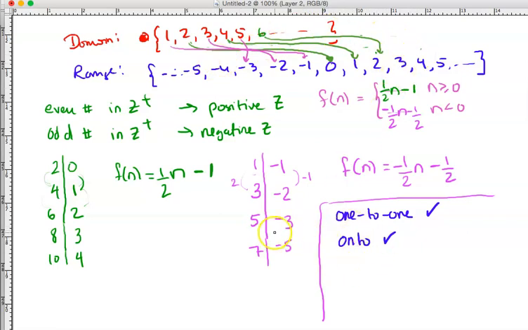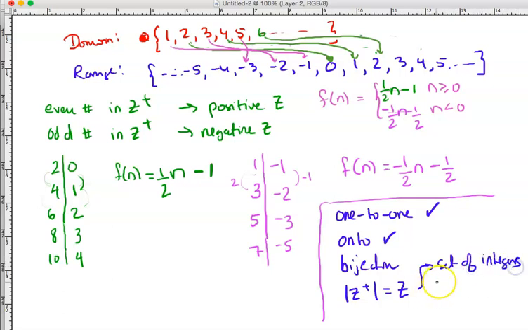So this is onto. Because this is a bijection, this means that the cardinality of Z plus is going to equal the cardinality of Z. And the set of integers is countable.